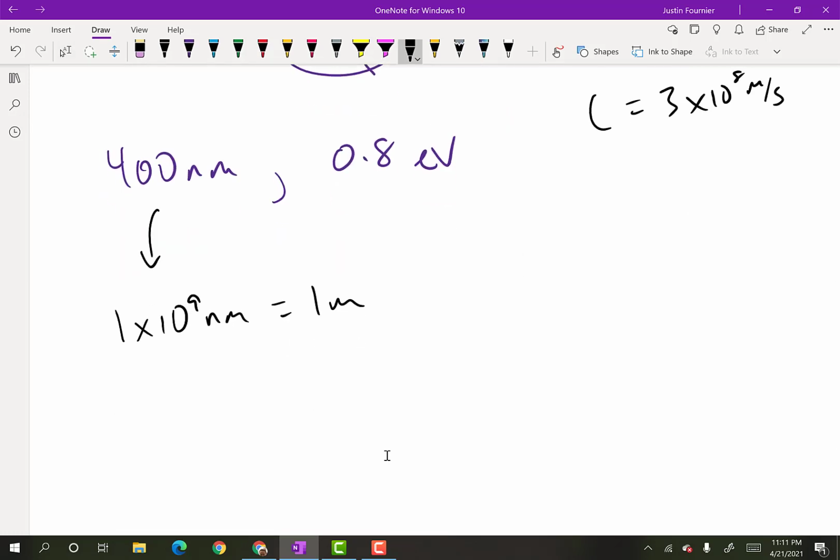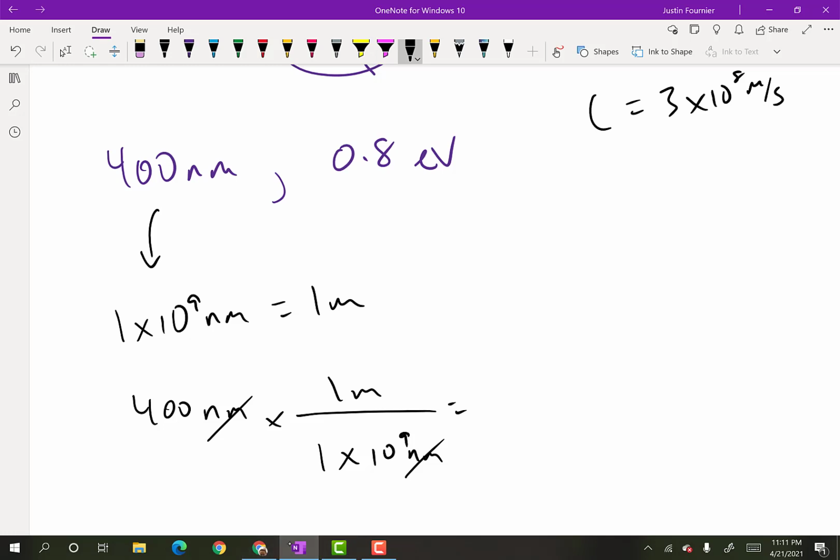So if I know that, then if I wanted to convert from 400 nanometers to meters, I would do 1 times 10 to the 9 on the bottom here, nanometers, and then 1 meter up top. And that'll give me my meters. Nanometers will cancel nanometers. So I'm doing 400 divided by 1 times 10 to the 9.